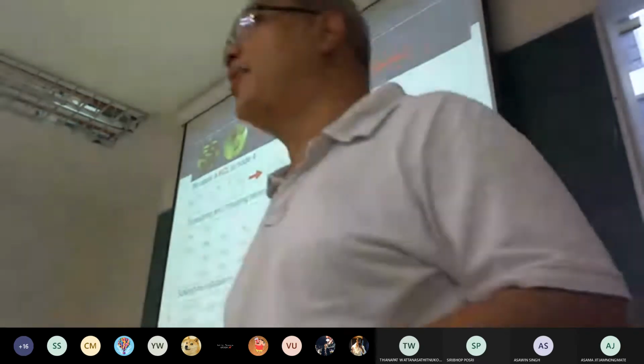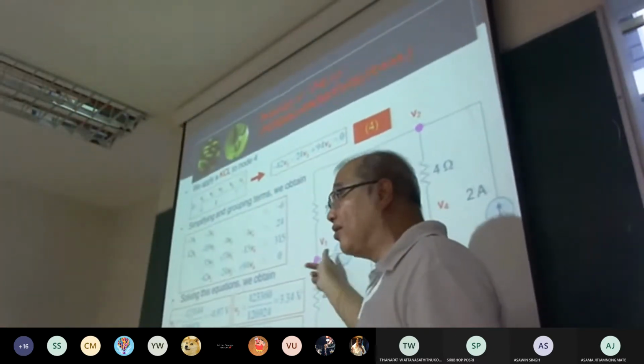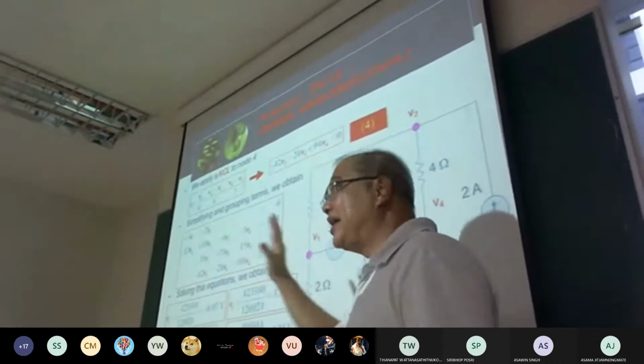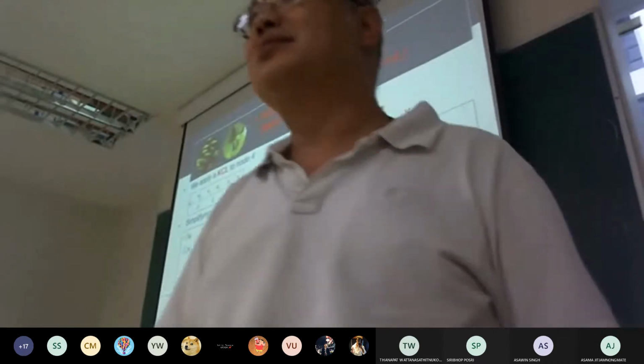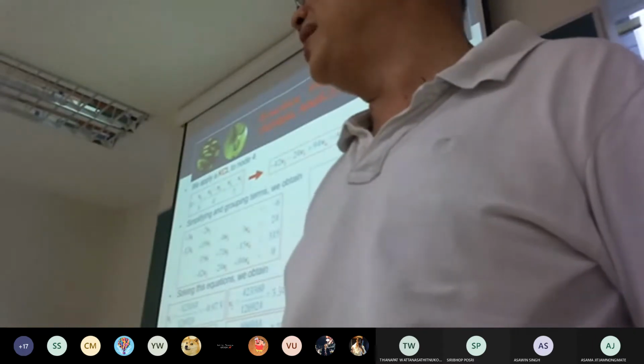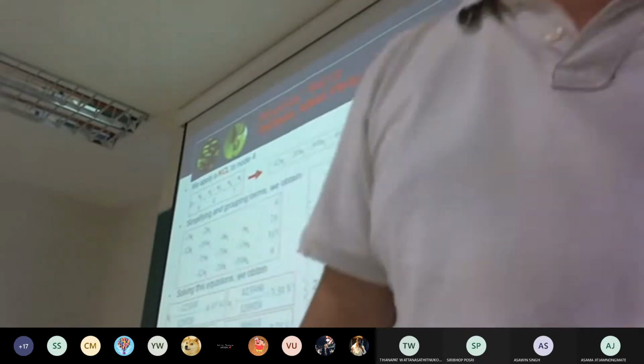Nodal analysis can be applied directly only to a circuit containing only current sources, because at each node you must apply KCL. You must know exactly how much current gets in and gets out. But if you have a voltage source, you cannot apply KCL at that branch, and if you cannot formulate the KCL clearly, you cannot apply the nodal analysis method.